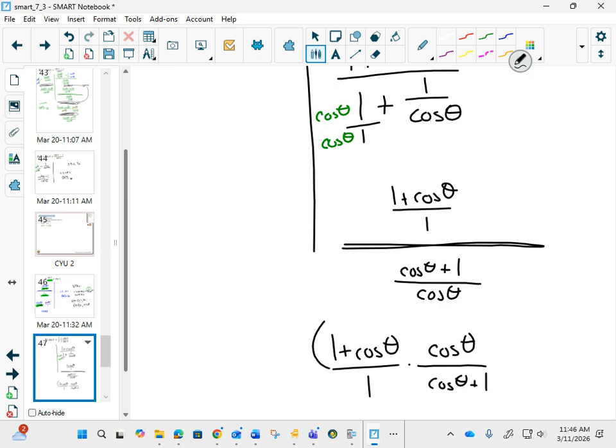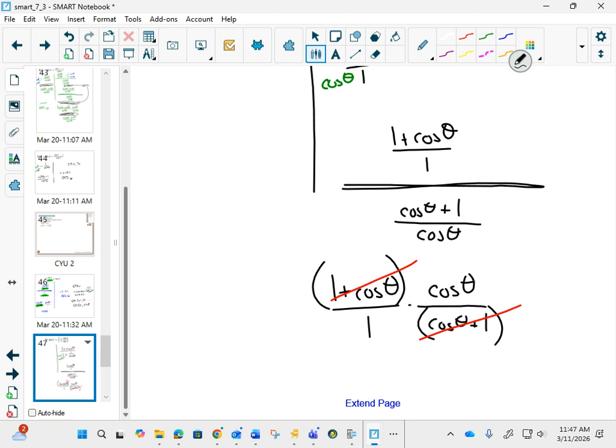The adding will group this together. The adding will group that together. The only way you can simplify is if factors are identical. Are these identical? Cos theta plus 1 and 1 plus cos theta? Yes. So cancel those out. And what are we left with? We're left with just cos theta.